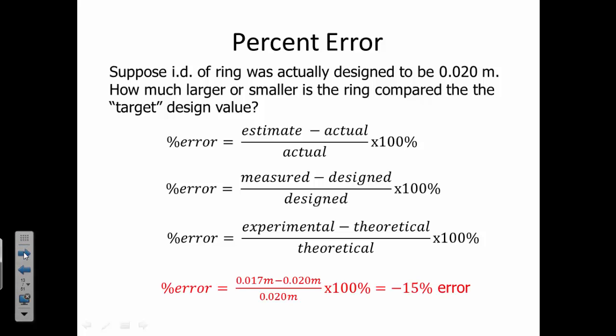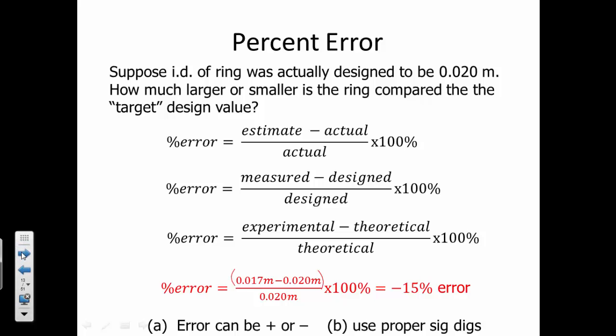Here's the numbers for the ring I plugged in. Be careful when you're calculating this. You actually need a set of parentheses on top if you're not careful with your calculator, or else you're going to error. You calculate this number, and it turns out in this case I have negative 15% error. And just a couple of notes that error can be positive or negative. A negative value on error means that your estimate or your measured value, your experimental value, is below the actual value that you want, your target value.